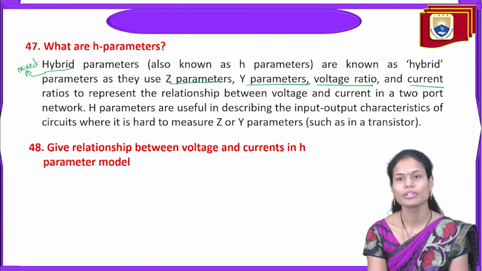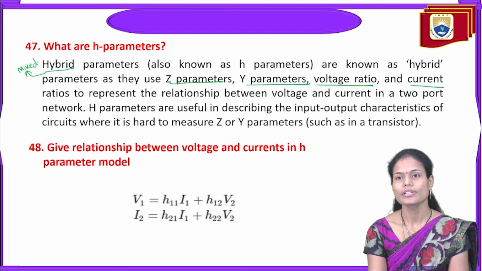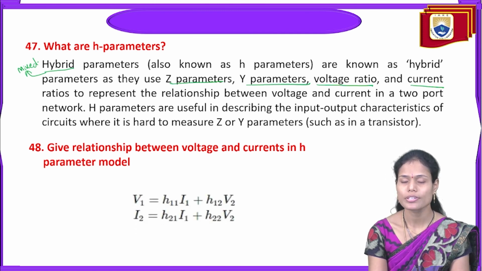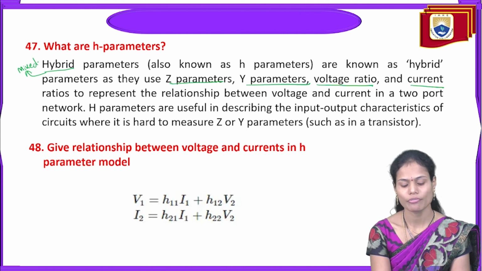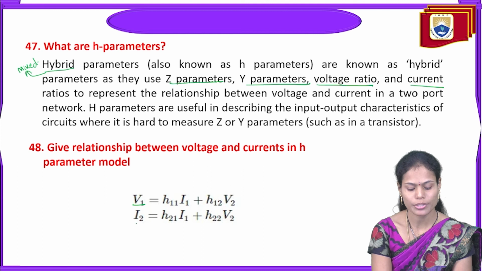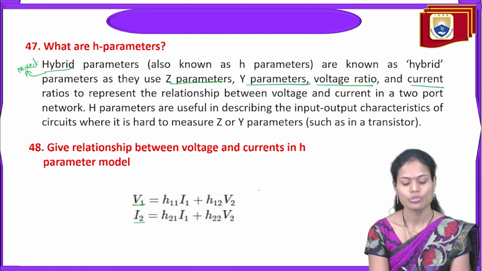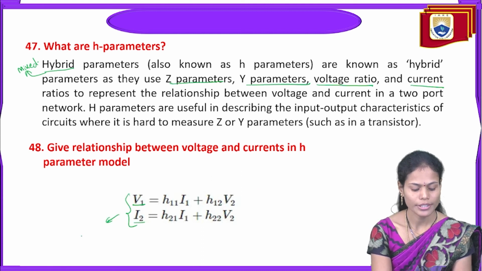Give the relationship between voltage and current in the H parameter model. In order to indicate the relationship between the voltage and currents in the H parameter model, first of all we have to take the input voltage V1 and output current I2. These two are the dependent parameters.